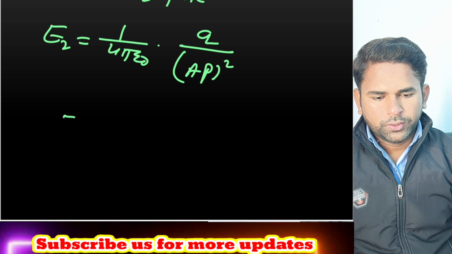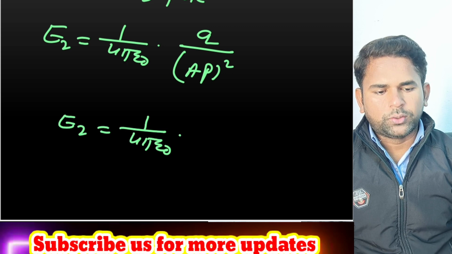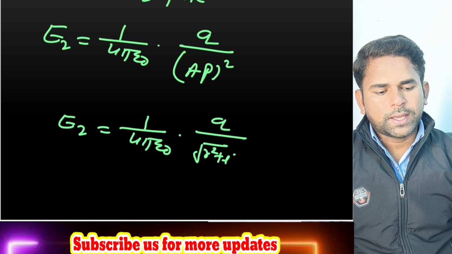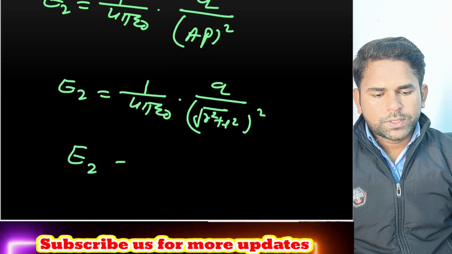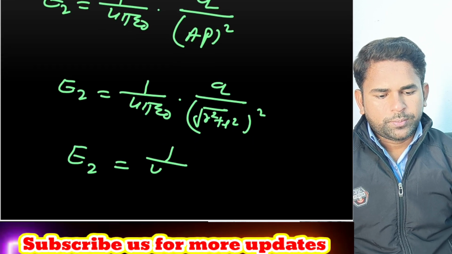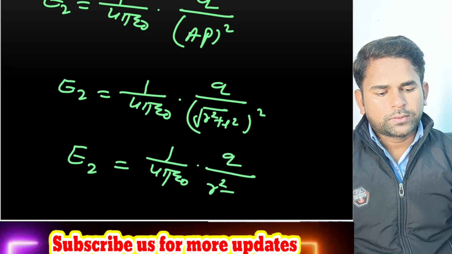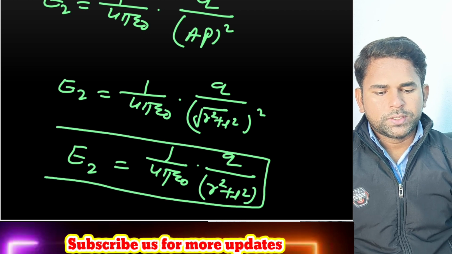Now E2 is equal to 1 upon 4 pi epsilon naught into Q upon root R square plus L square, whole square. After simplifying, E2 is equal to 1 upon 4 pi epsilon naught into Q upon R square plus L square. This is equation number two.